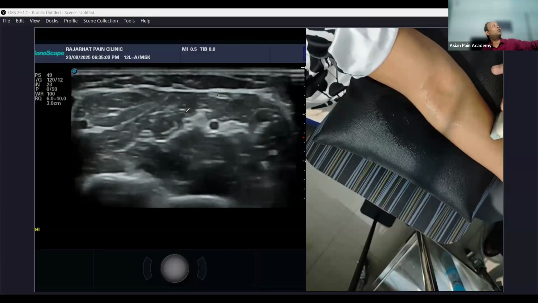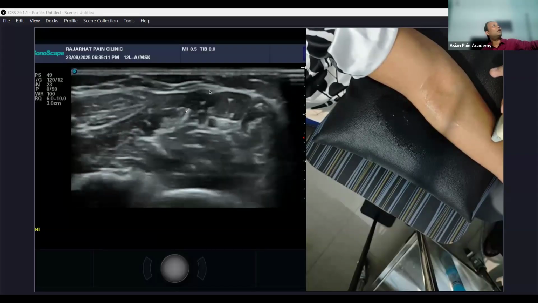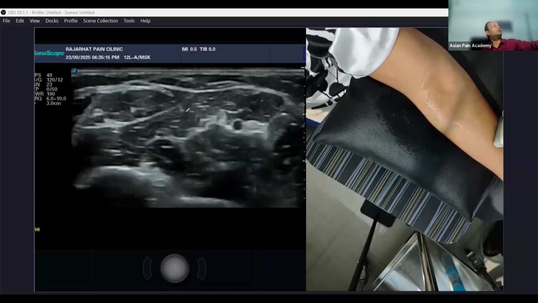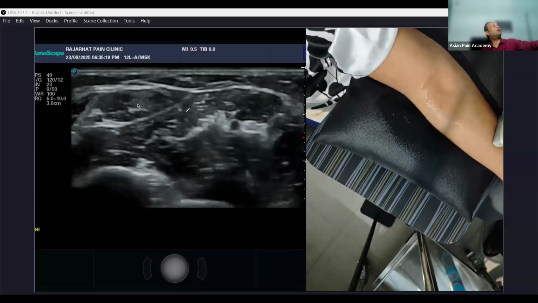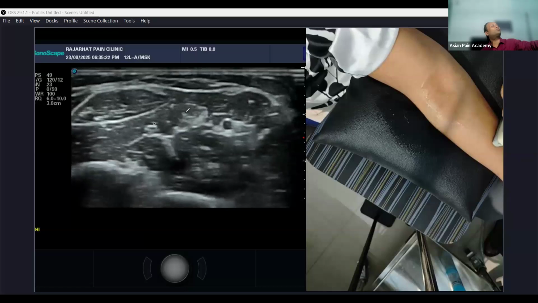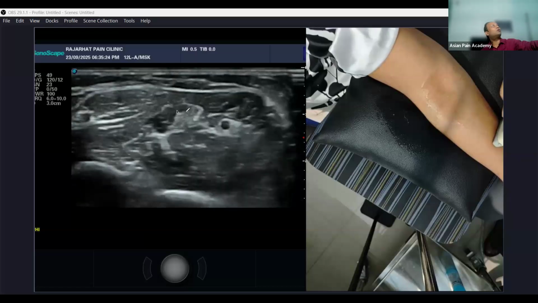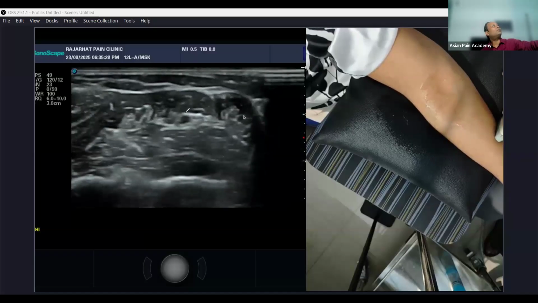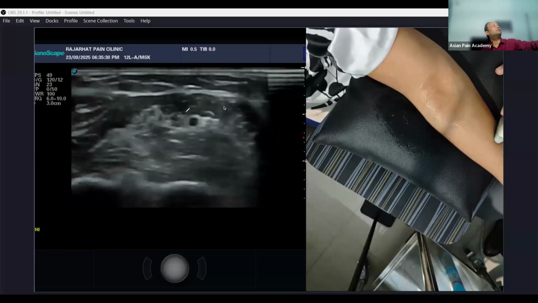As soon as you find the palmaris longus and its tendon, you can understand all other muscles. So this muscle is flexor carpi radialis. This muscle is your flexor digitorum superficialis. This is palmaris longus, and this side will come the flexor carpi ulnaris.